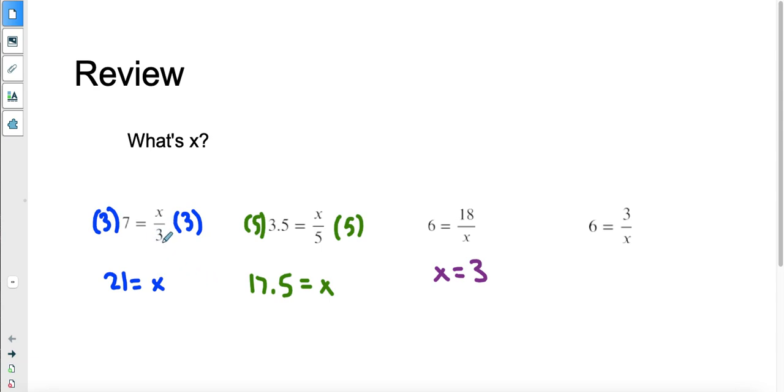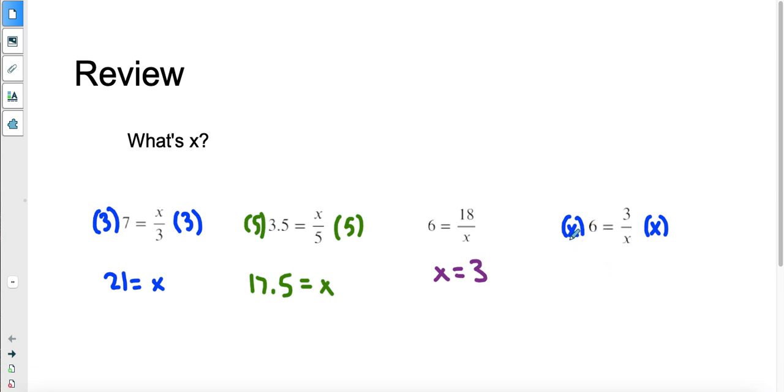Notice in these previous examples, in this one I multiplied by 3, and in this one I multiplied by what was in the denominator, 5. I can do the same thing here. I can multiply by x, and this will help me figure out what my answer is.